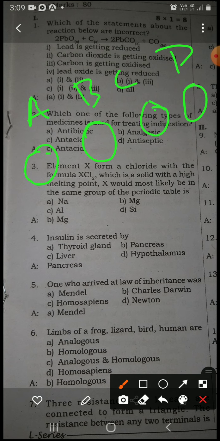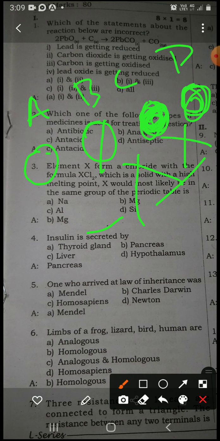After that you need to shade the circle completely, so that you can get the right answer, a right mark for this. If you shade half, it is wrong. If you shade 2 circles, it is wrong.